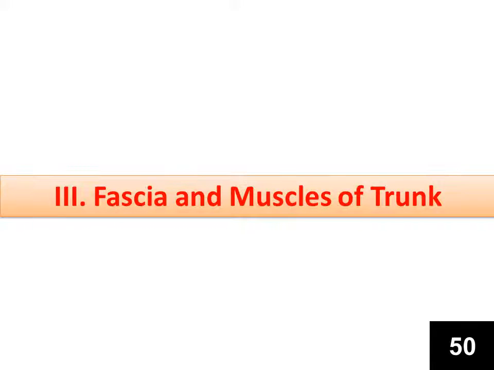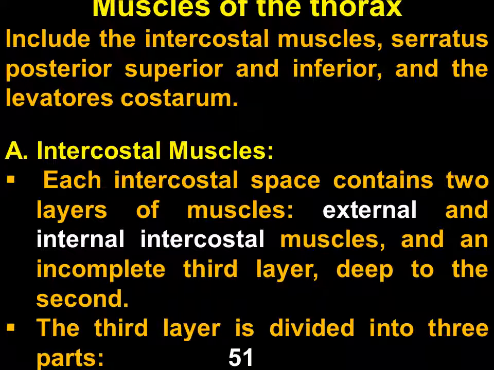Now, fascia and muscles of the trunk. Muscles of the thorax. Let's go to the fascia. The most important muscles include the intercostal muscles, serratus posterior superior, serratus posterior inferior, and levator costarum.